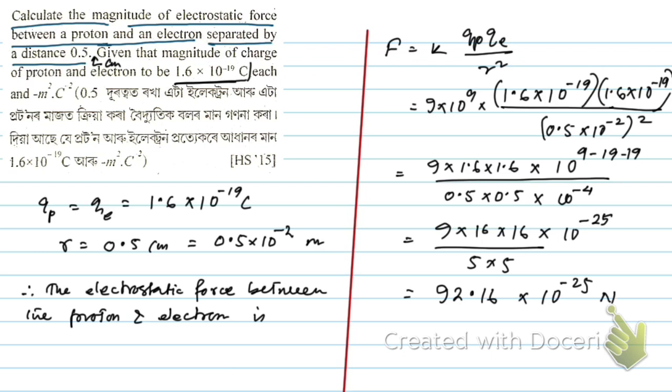Okay, and if you write it in scientific form, then it's going to be 10 to the power minus 24 Newton, right? So that's going to be the answer, if this is in centimeter. If it is not given in centimeter, then the answer will be different. Okay, so hope you have understood this.